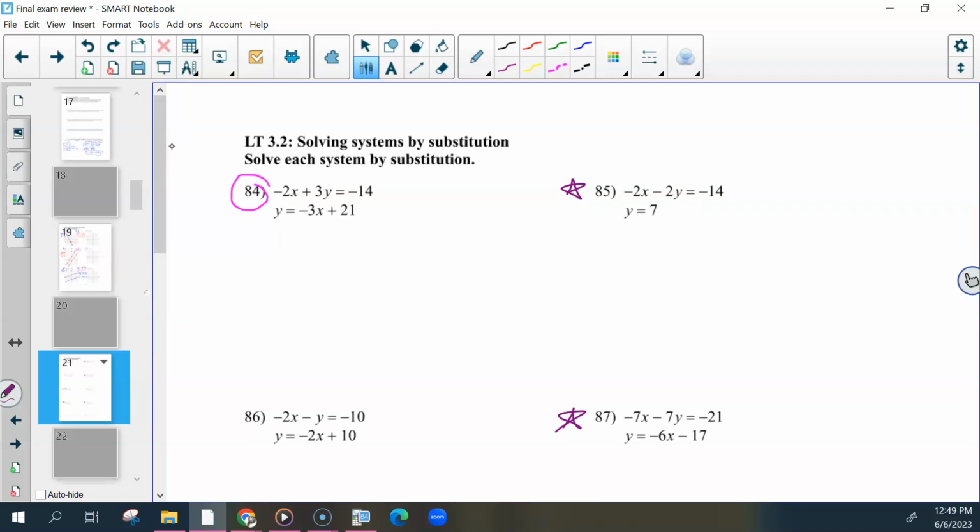If you had an x or a y that equals either a number or an equation, you would take that and put it into the other one. So here, because we only have a number, you're going to take that number and put it in for the other y. Negative 2x minus 2 times 7 equals negative 14. And you would use that to solve for x.